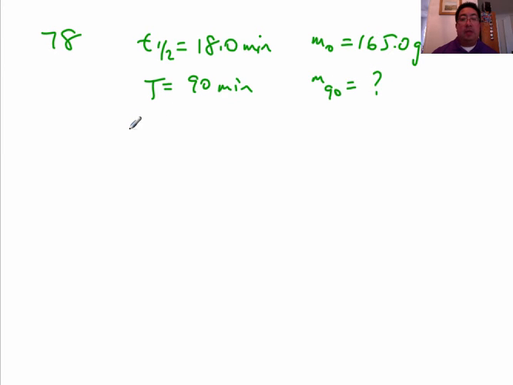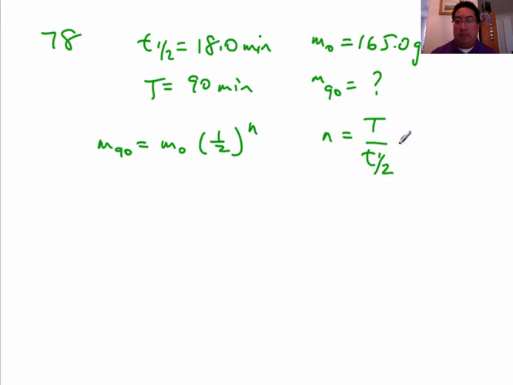So again, I'm going to use my same equation as before, because it's a little bit easier. The mass at 90 minutes will be equal to the original mass at time 0 times 1/2 to the n. And remember, n equals t over t1/2. So let's put in those numbers. We have 90 divided by 18, and that equals 5. So 5 half-lives have passed. So you can divide by 1/2 5 times, or you can use this equation.